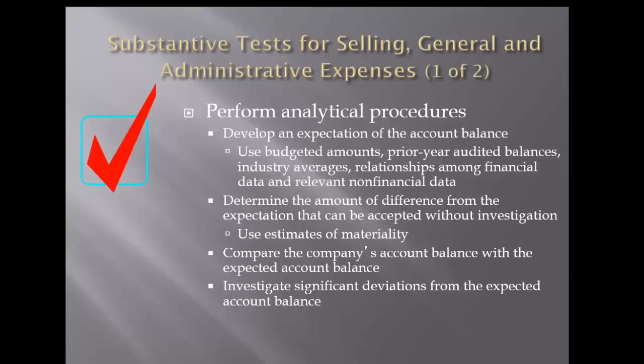Okay, so when we're talking about administrative expenses, so we're talking about the expense side of the income statement, what we want to consider is how do we actually test this? Well, part of our substantive testing can and should include some of the analytical procedures that we're considering here.